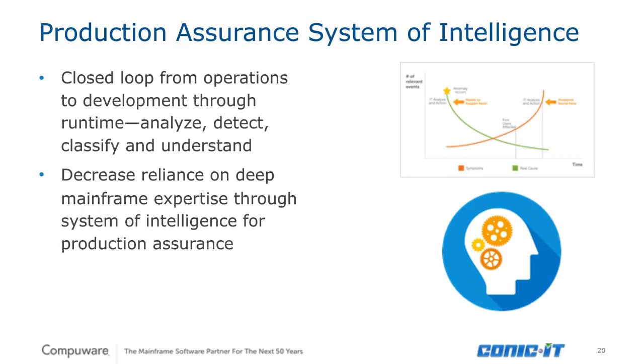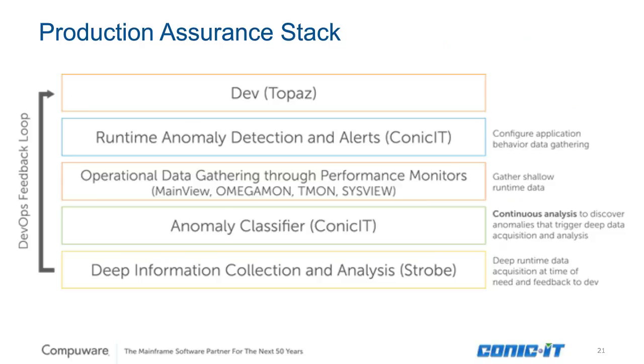So by combining these things, this intelligence system closes the loop to allow information to flow back from what's happening in production back to dev so that they can very quickly solve the problem.